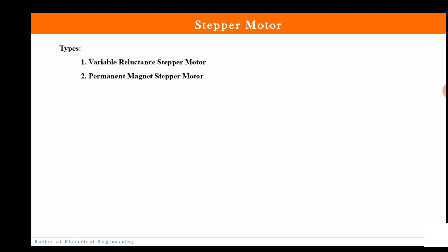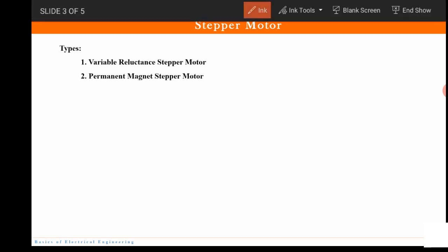There are two types of stepper motor: variable reluctance stepper motor and permanent magnet stepper motor. Now permanent magnet also we have seen. Now we shall understand what is variable reluctance stepper motor. Actually we have seen that, but we just have to discuss why it is known as variable reluctance stepper motor. So first let us understand what is this reluctance.